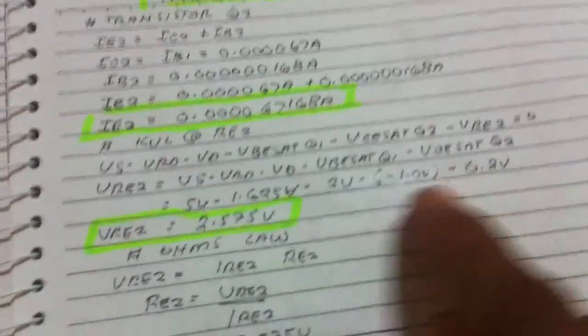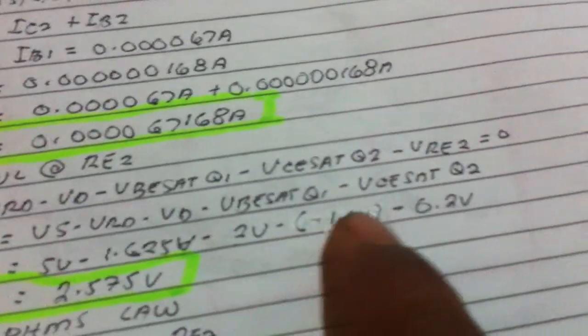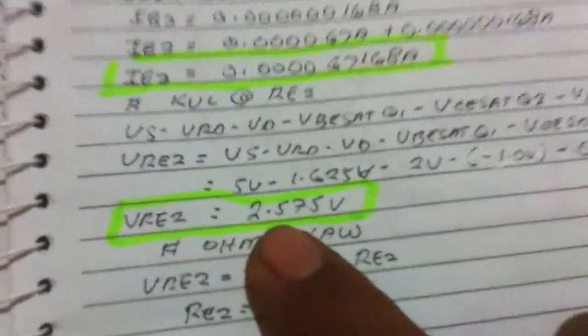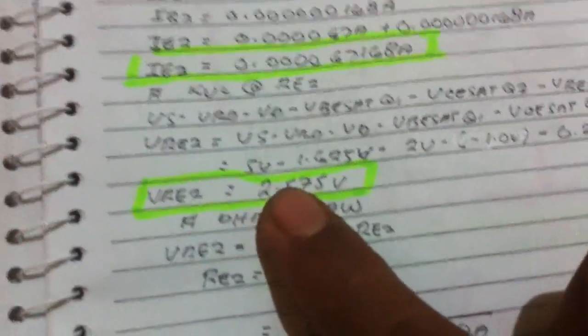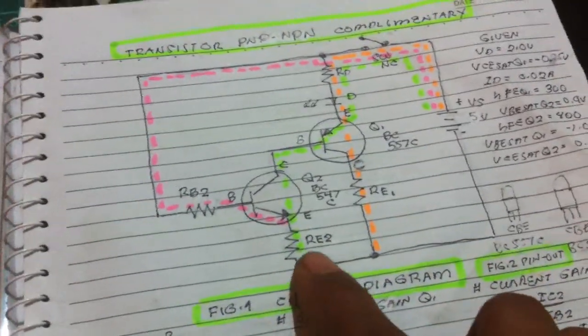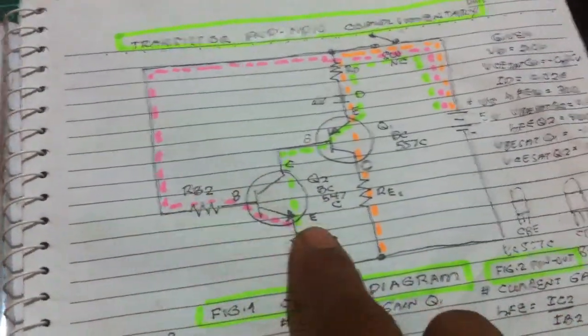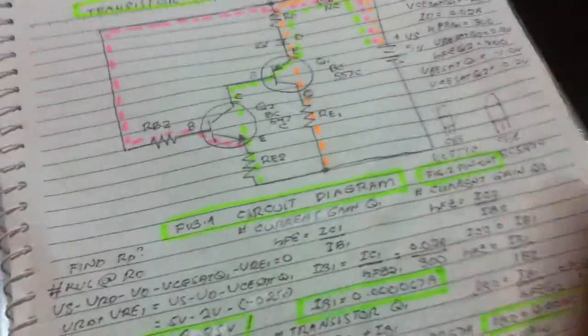By substitution, given the data sheet of each, we get 2.575. And since we know the voltage drop here, we now use the transistor formula: IC2 plus IB2 is equal to IE2.